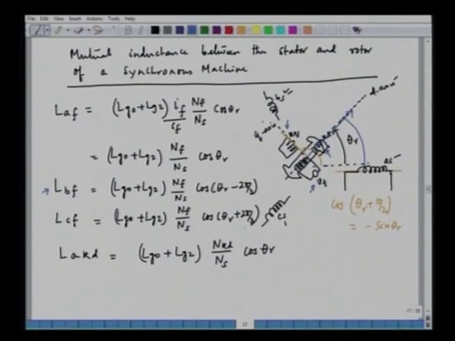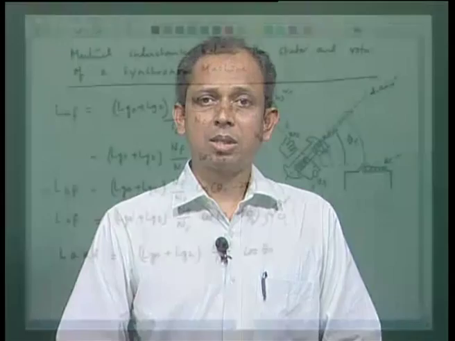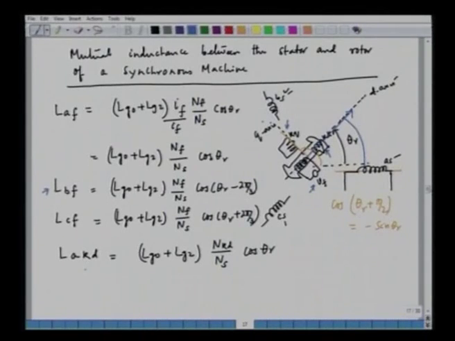This is basically the mutual inductance between the field winding and phase A, phase B, phase C of the stator. Similarly, we can evaluate the mutual inductance between the D axis damper and the stator winding. For example, for LAKD the expression will be something similar, because the field winding and the damper winding in the D axis are in the same axis.